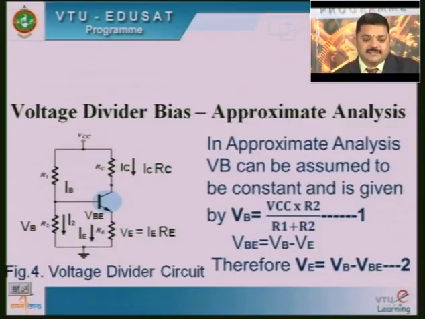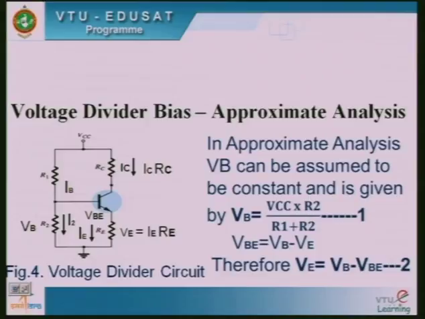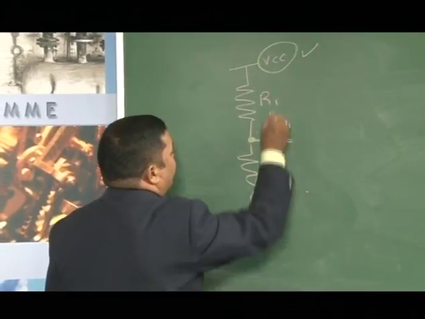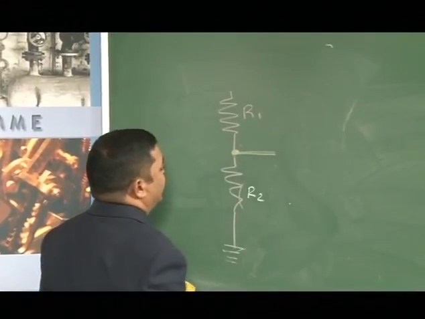Let us consider this voltage divider bias approximate analysis. So, how does the voltage divider bias circuit look? It looks like this. I will rub off this. This is the same R2, R1, and this VCC I will connect in a different manner now.